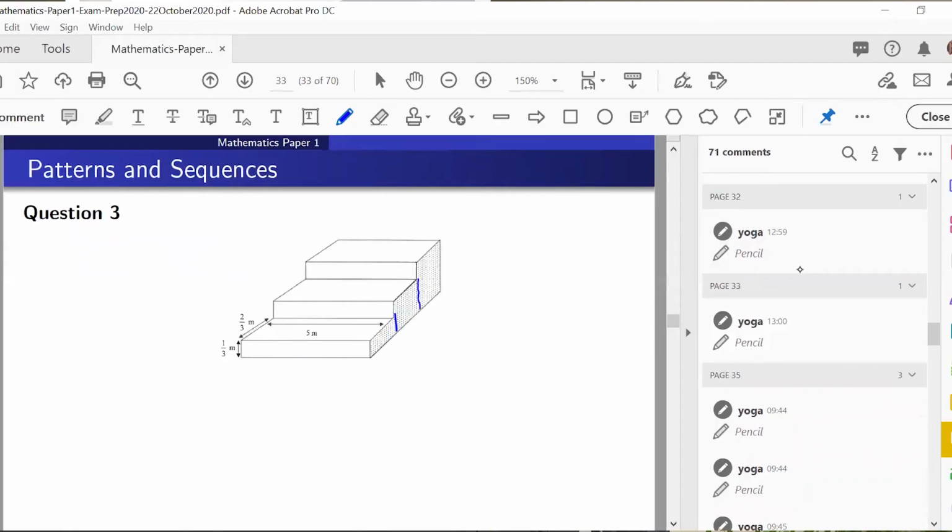We are going to look at the first area, and that is the second area, that is the third.